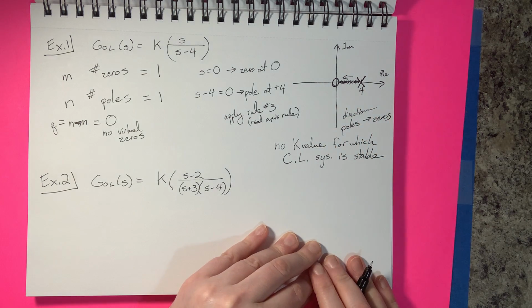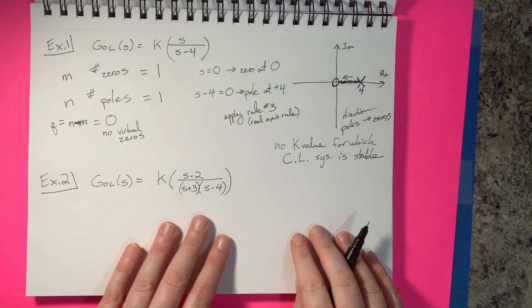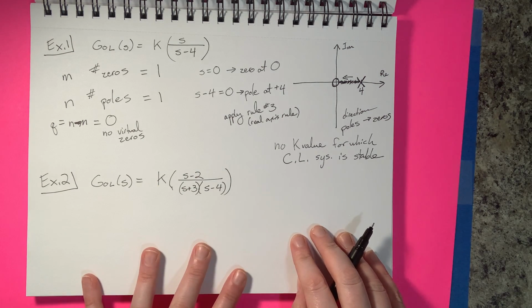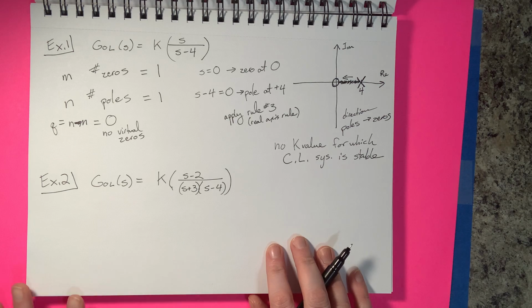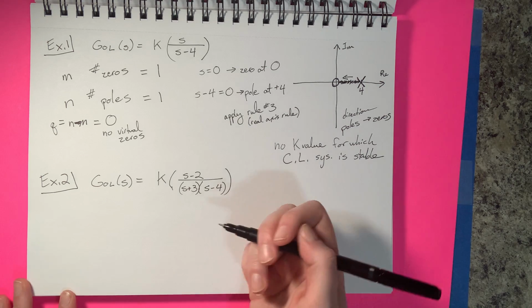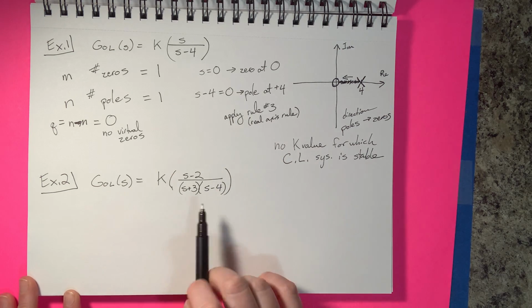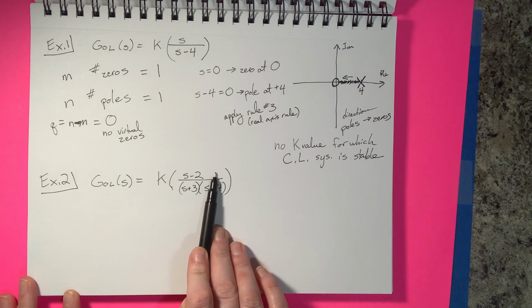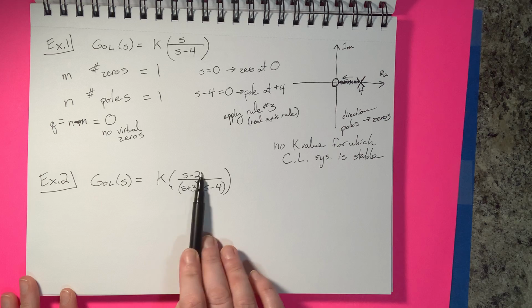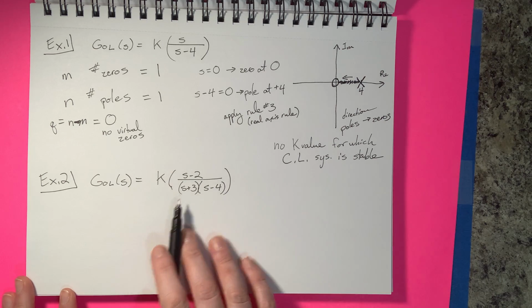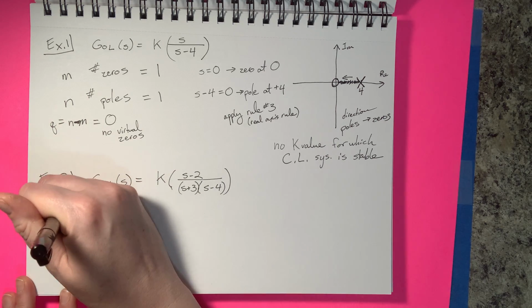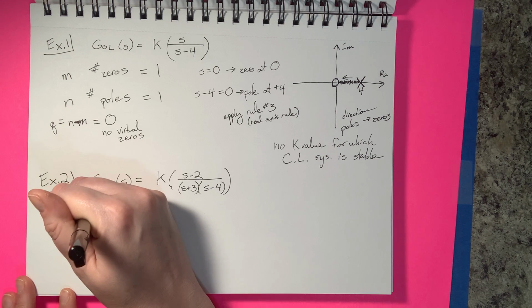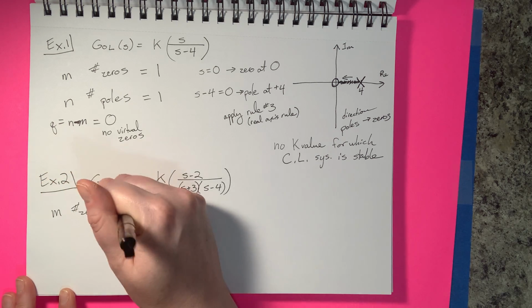Okay. All right, so let's look here at the next example. We'll do a very similar procedure here. Okay, so what is the number of zeros we have? If we look at this first numerator right here, this first polynomial, s minus 2, that means that m, number of zeros, is actually 1.